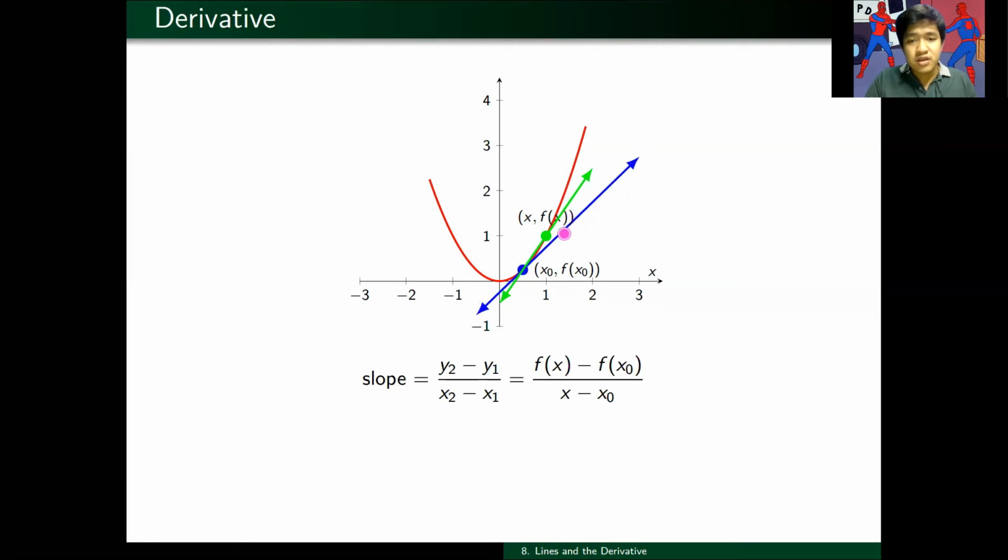Tama? So what I can do is just get this slope, and then let x approach x0. Papalapitin ko lang ng papalapitin si x kay x0, ma-estimate ko na yung slope ng blue line. Kasi mas malapit kay x0, mas malapit yung green line sa blue line. Mas kamukha niya. Pag eksakto sa x0, lalapat na siya dyan sa blue line.